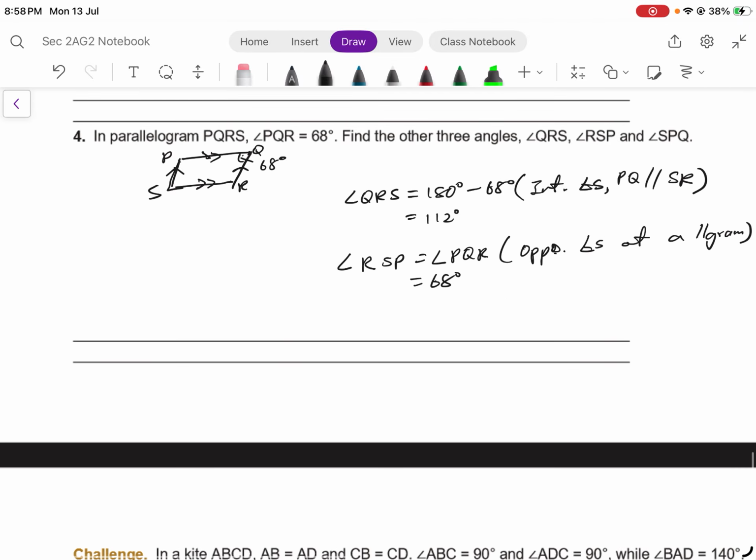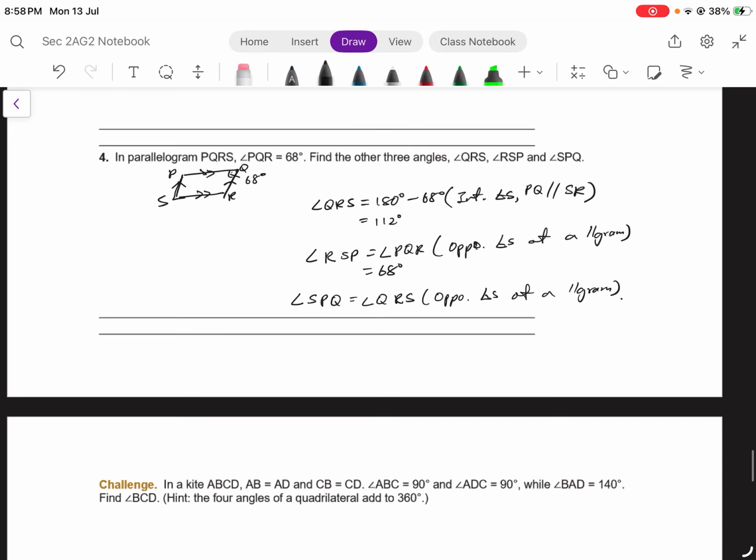After that, angle SPQ equals angle QRS for the same reason, opposite angles of a parallelogram. Okay, so we have done all this.